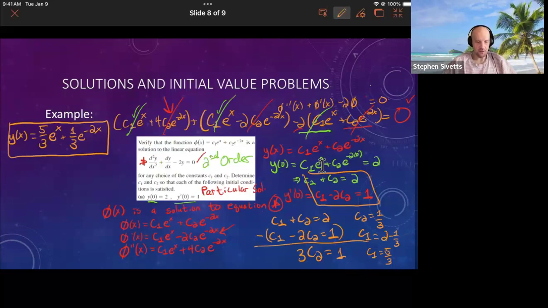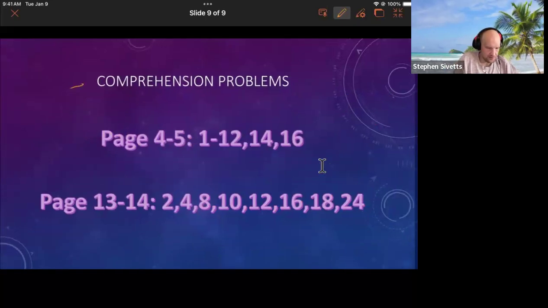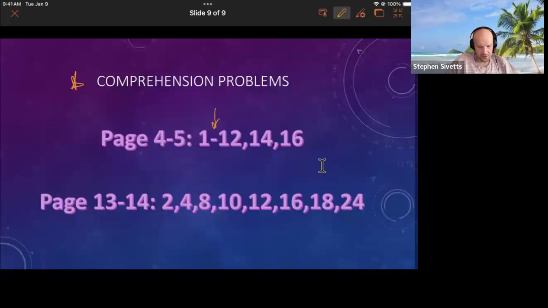Here are some problems for you to check comprehension. They're in the textbook, and these should be relatively simple to complete. This here is 1 through 12. If you have questions, please let me know in the comments.